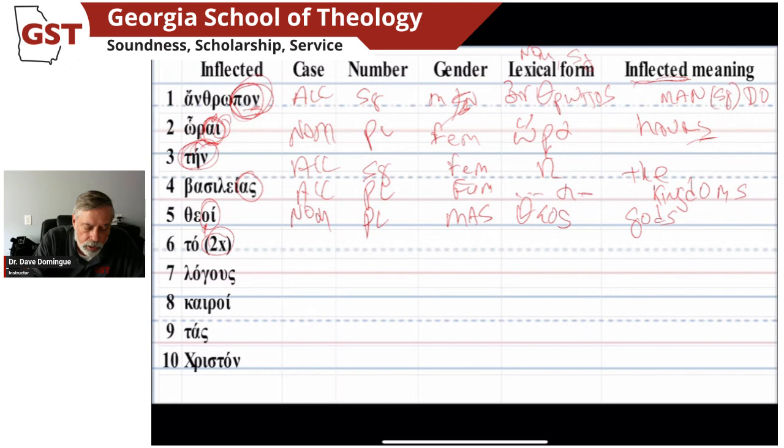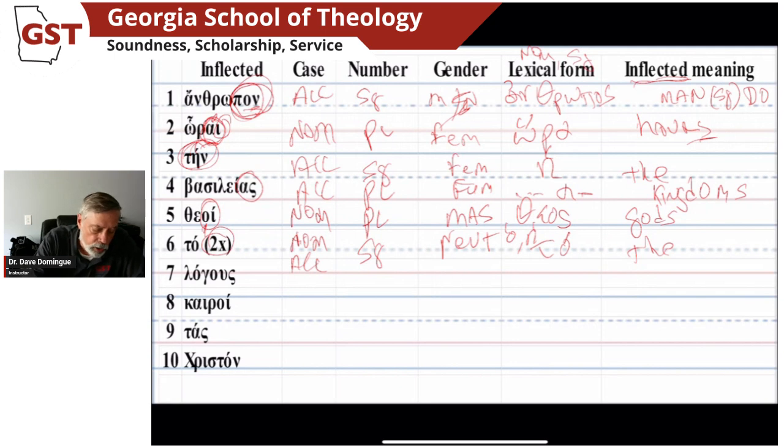Ta can be in the nominative or accusative, in the singular neuter. So it could be either one of those, nominative or accusative singular neuter, and from its lexical dictionary form it would actually be to. And it means the, regardless of whether it's accusative or nominative, it means the.